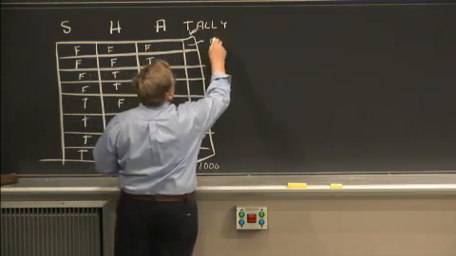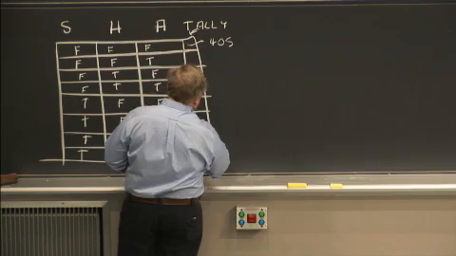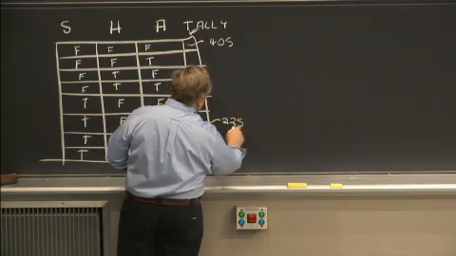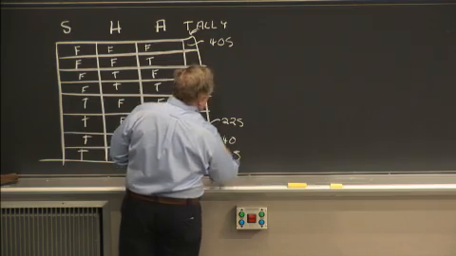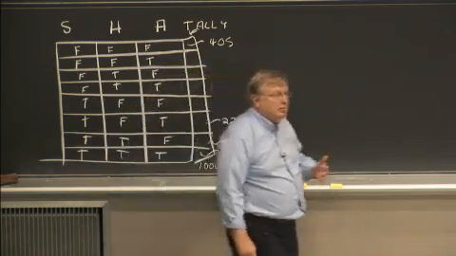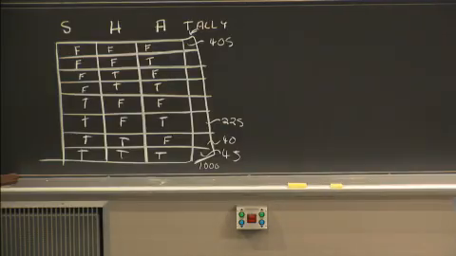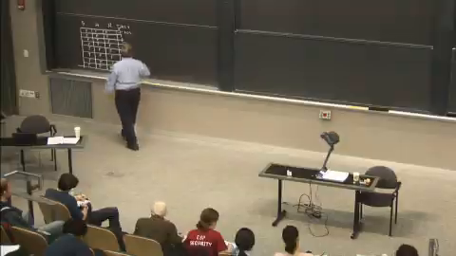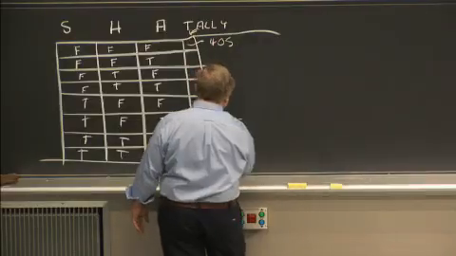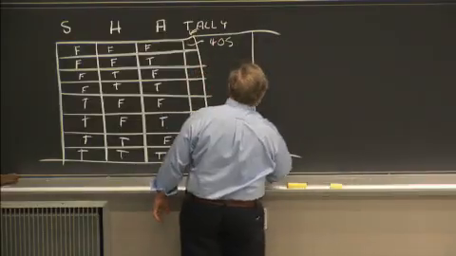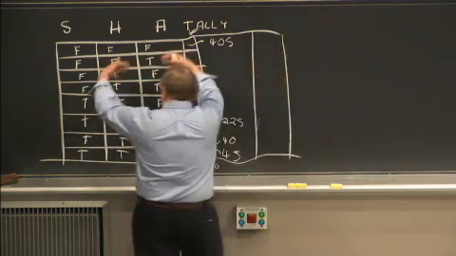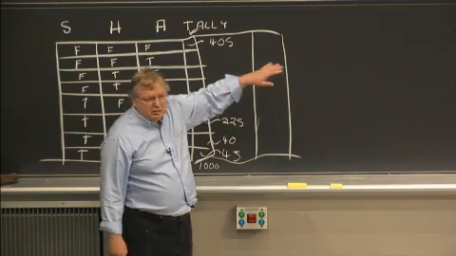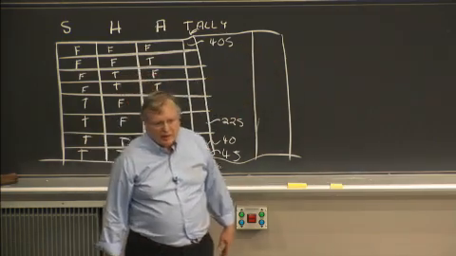So this one might be, for example, 405. This one might be 45. This one might be 225. This one might be 40, and so on. And so having done all of those measurements, kept track of all that data, then I can say the probability that in any given time period one of these things occurs will just be the frequency, or the number of tallies divided by the total number of tallies.